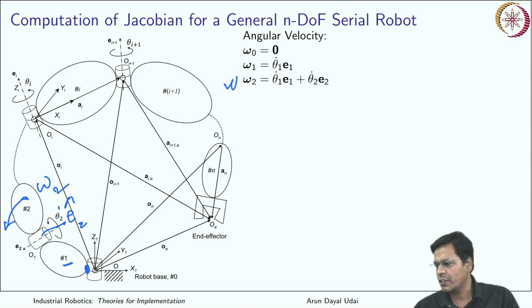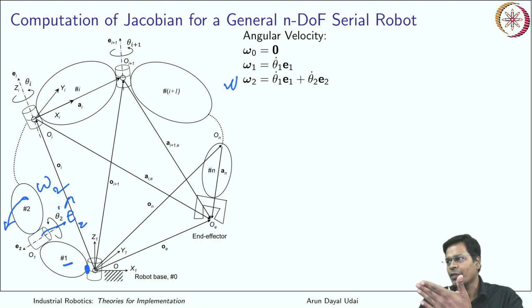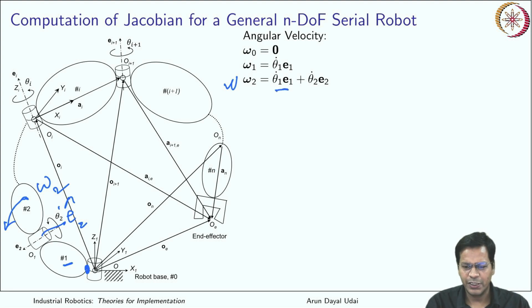Because you have a link and another link, the next link will automatically have the angular velocity of whatever the link before it has. So this is the reason why this velocity is always a part of omega 2. So this is your omega 1 plus this relative angular velocity.